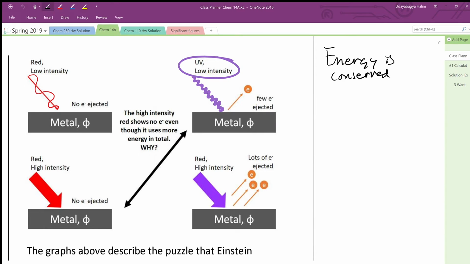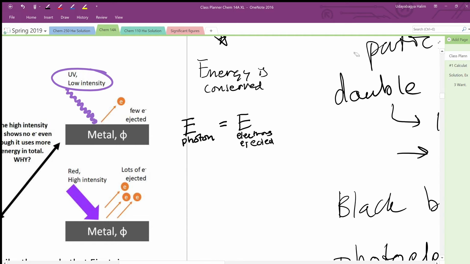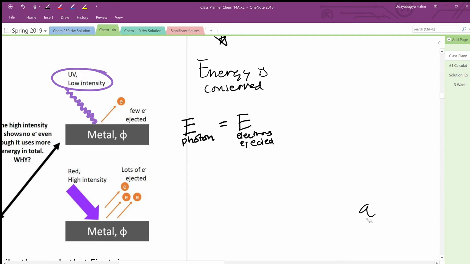And essentially what he's saying is that the energy of the photon that you fire onto the surface of the metal is going to be equal to the energy of the electrons ejected, plus a work function, which is basically the energy that you have to pay in order for this particular process to happen.